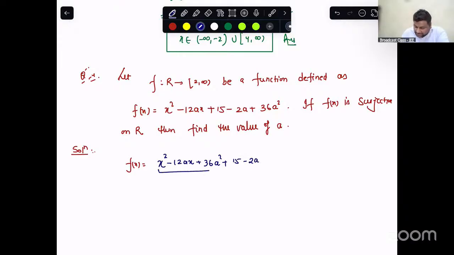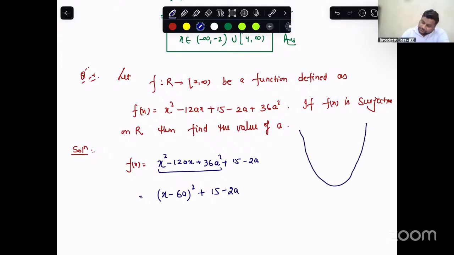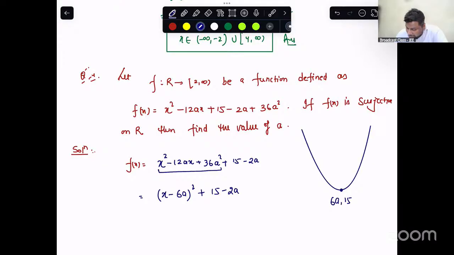I am writing them all together and I can make it x minus 6a whole square plus 15 minus 2a. Now, this is a quadratic polynomial of this type. All right, its point of minima is at x equal to 6a and minimum value is 15 minus 2a.